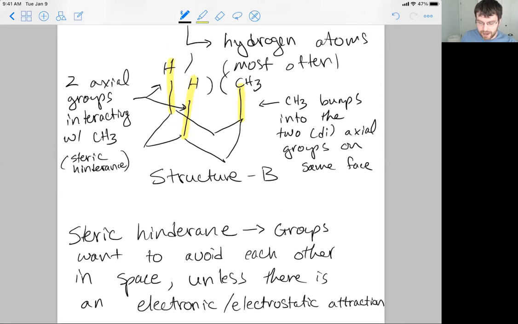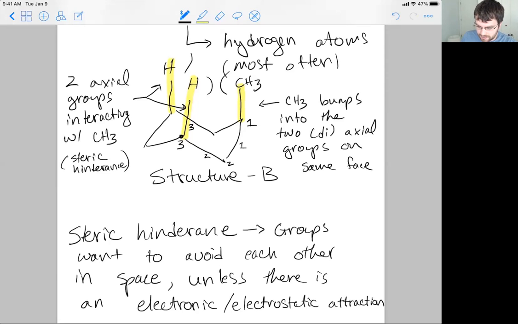Okay, so we have our diaxial from the name 1,3 diaxial. We have the interactions, which comes from steric hindrance. We don't really have this number 1,3. Well, what it's saying is that if you numbered the methyl group as position 1, we would be interacting with that methyl group 3 atoms away or 3 bonds away.